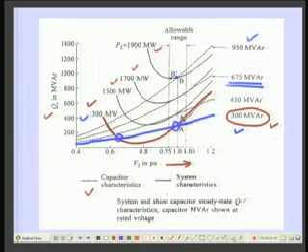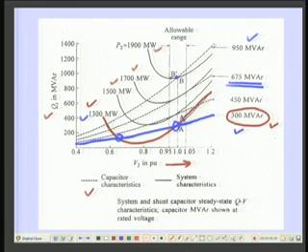You can examine it. What we find here is that at this point the slope of the QV curve of the system is less than the slope of the shunt capacitor. That is, if you deviate slightly from this, you will find that voltage will keep on increasing.